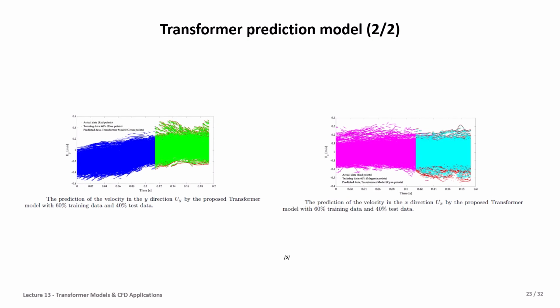Also, we reduced the training ratio to 60% to see how the model works. Of course, the accuracy went down. However, it still has a nice prediction, though it seems that as we go forward, it loses accuracy. So of course, the 80% training works much better for this prediction.